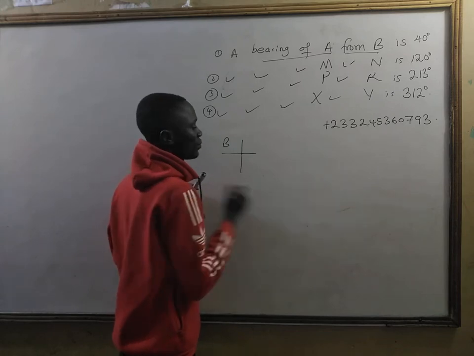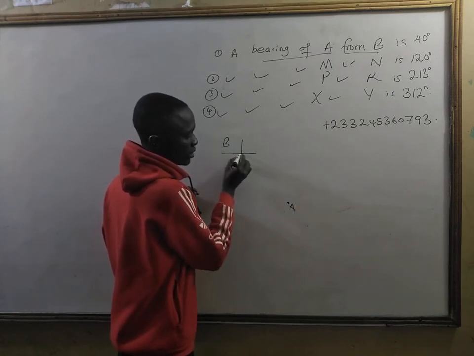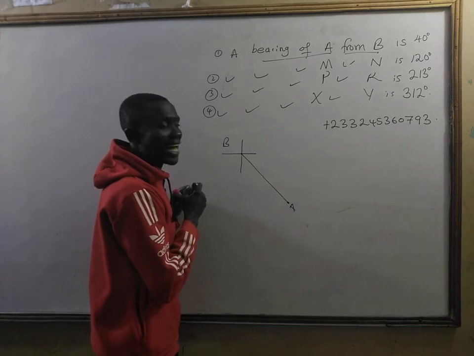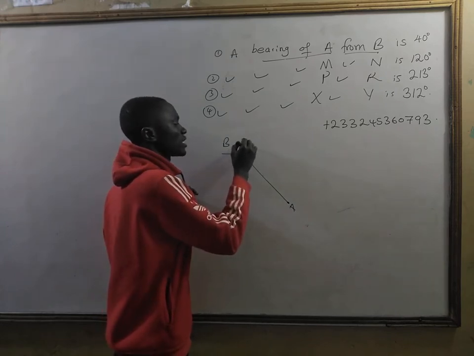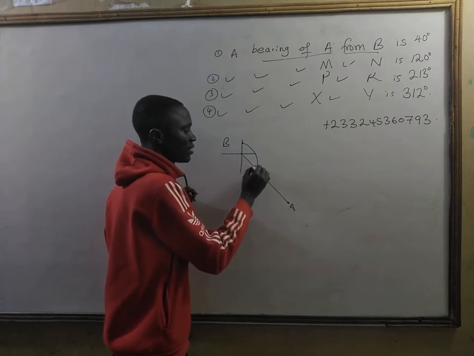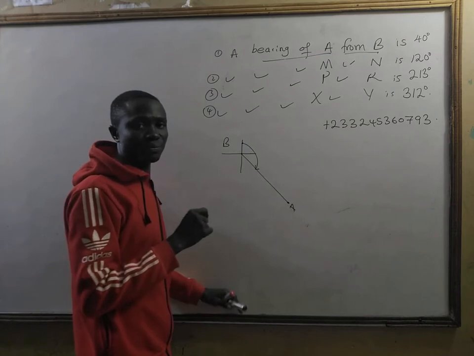So let's say, for example, that point A is here, then a line joining point B to point A. Then we measure the angle from the geographical north of point B to line A. That is the three-figure bearing.